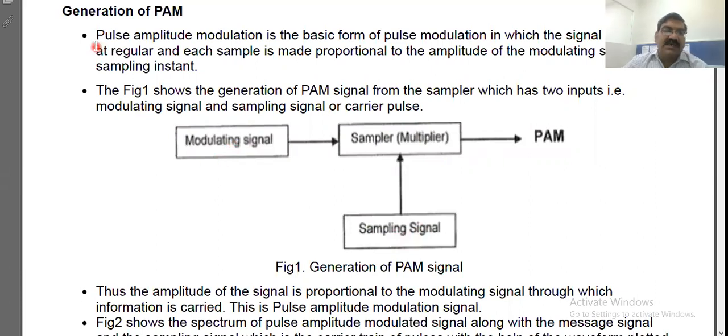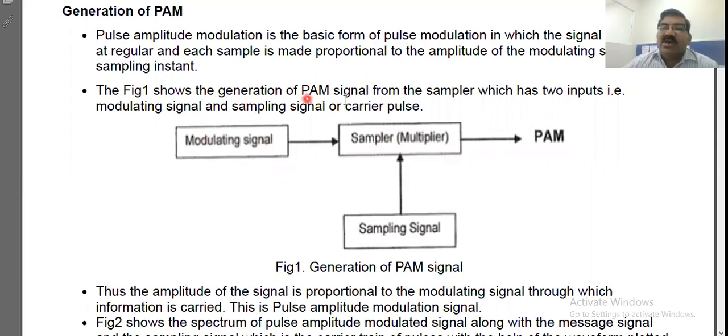So we will just see here. Pulse amplitude modulation is the basic form of pulse modulation in which the signal is sampled at regular intervals, and each sample is made proportional to the amplitude of the modulating signal at the sampling instant. So again, it is simply a multiplication, and I'll show you the figure of how it is generated.